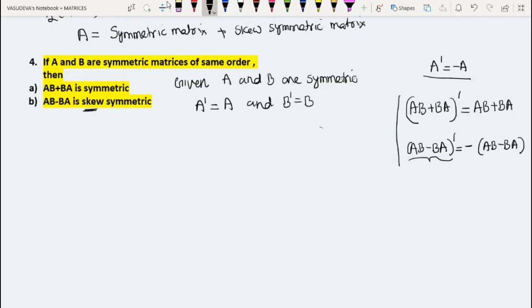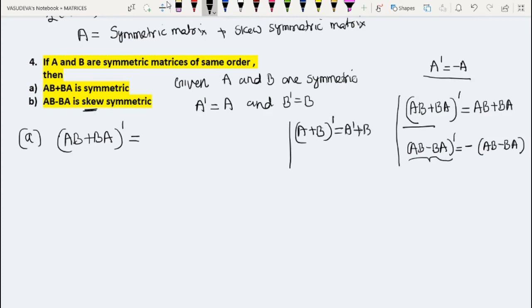So keeping these points in mind, let's take the first point: AB plus BA is symmetric. Consider AB plus BA whole dash. By the properties of transpose, A plus B whole dash is equal to A dash plus B dash.